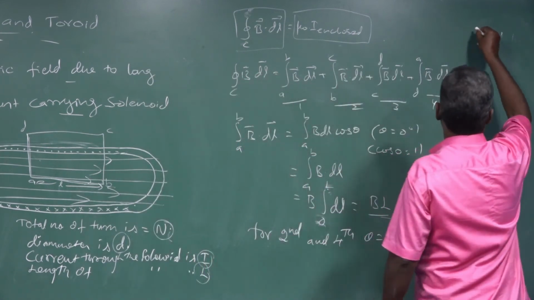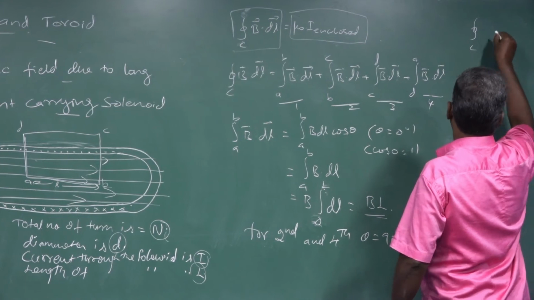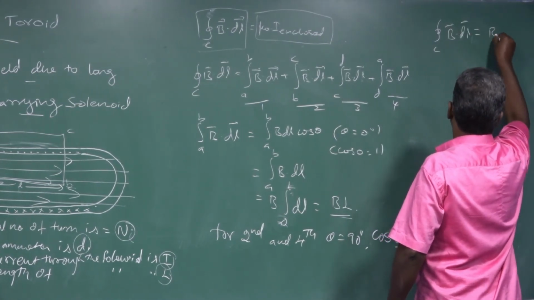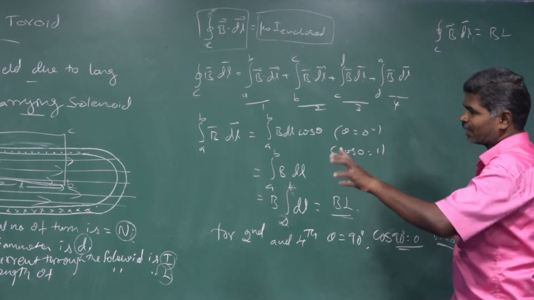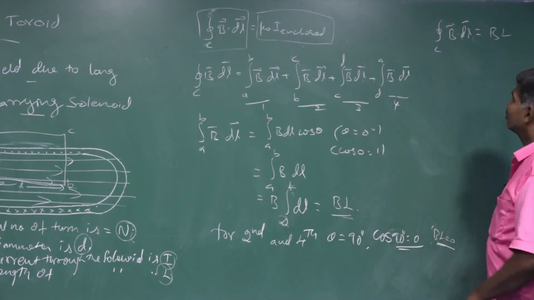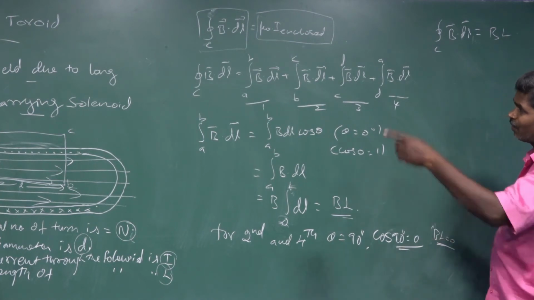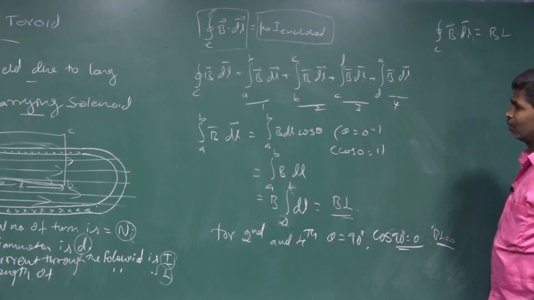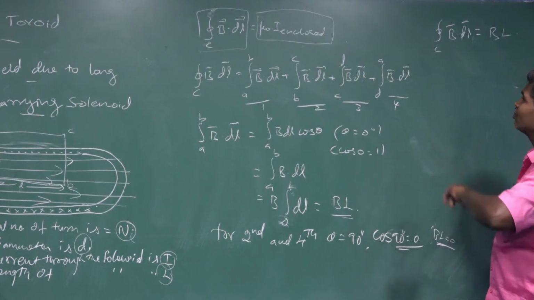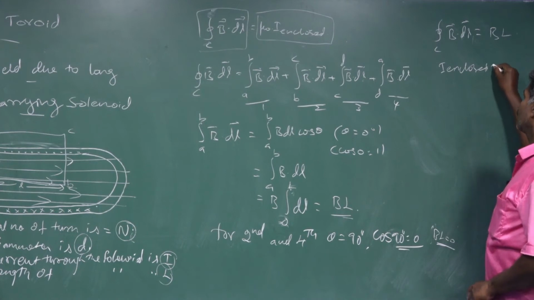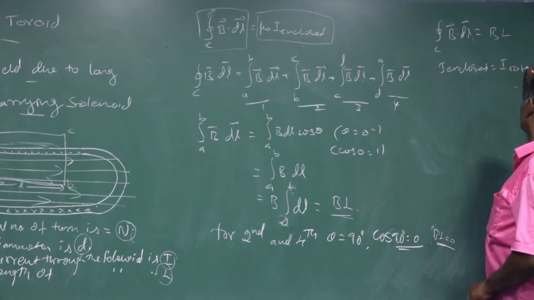So for the total closed integral, B vector dot dl vector is equal to BL alone. That is the product of the magnetic induction along the axis of the solenoid and the length of the solenoid itself. Then from Ampere's Circuital Law, I enclosed is equal to I total.